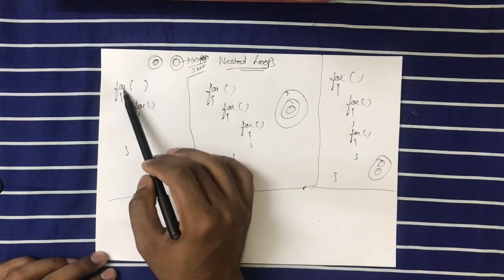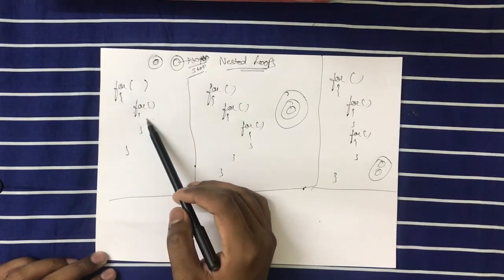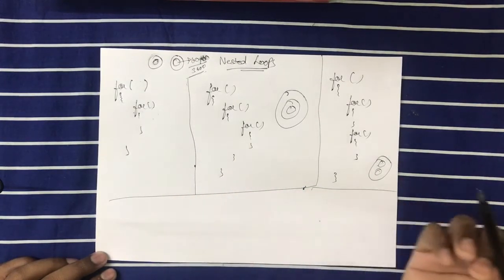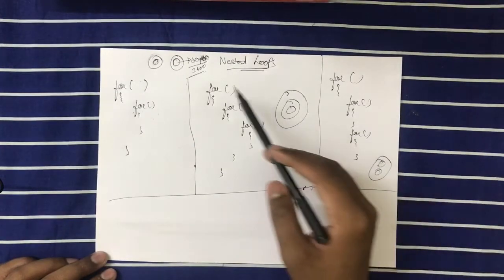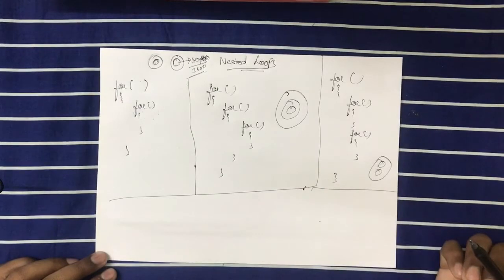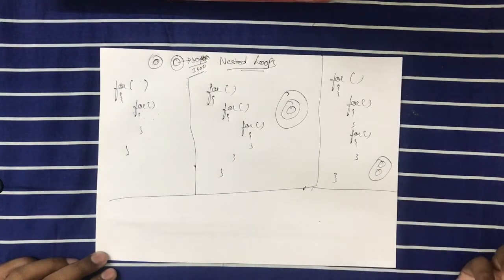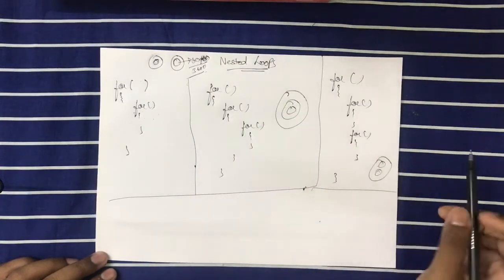It simply means a loop is there inside another loop. So it can be in any form, and I can also do do while or for, in any way. You just have to understand that when a loop is there inside another loop, it is known as nested loop.